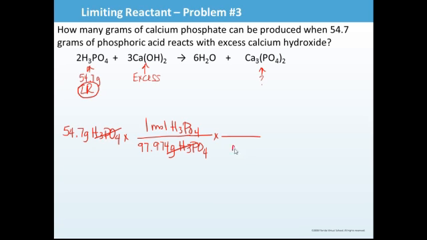We have mole of H3PO4 to mole of our product, which is Ca3(PO4)2. We look at our balanced equation. We have 1 mole of that to 2 moles of that.